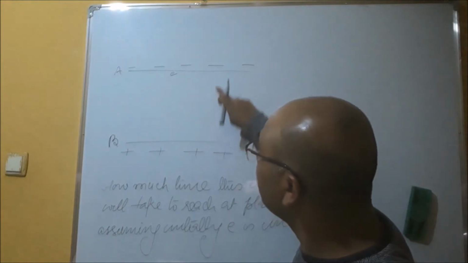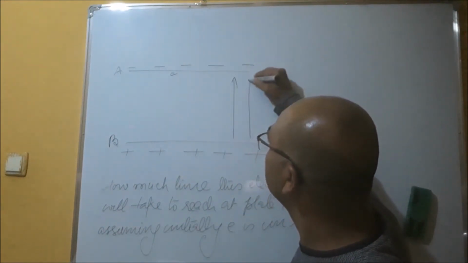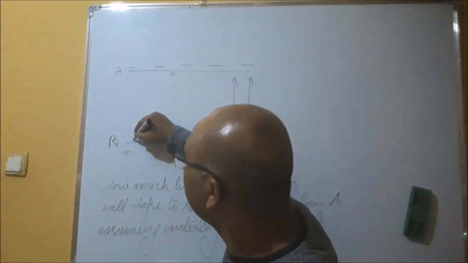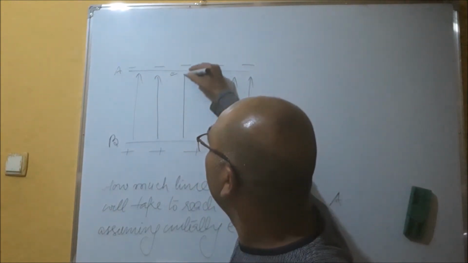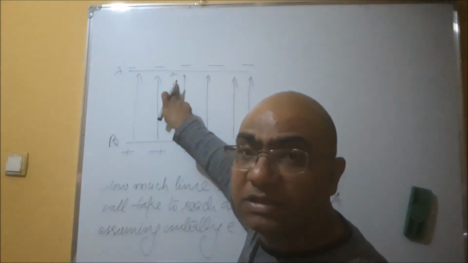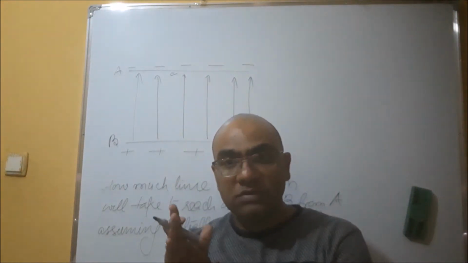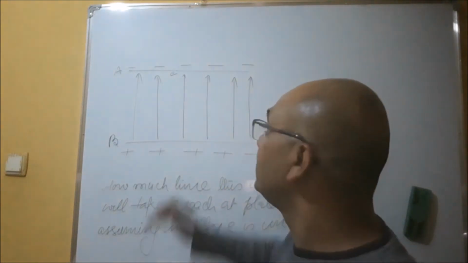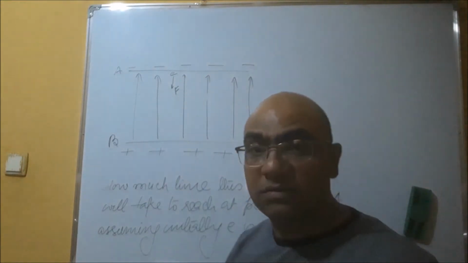Suppose this is the positive plate, this is the negative plate. So we know that the electric field lines will be like this everywhere. And this electron is negatively charged, so I told you that the force is experienced in the opposite direction of the electric field lines. So this electron will experience a force in this direction.